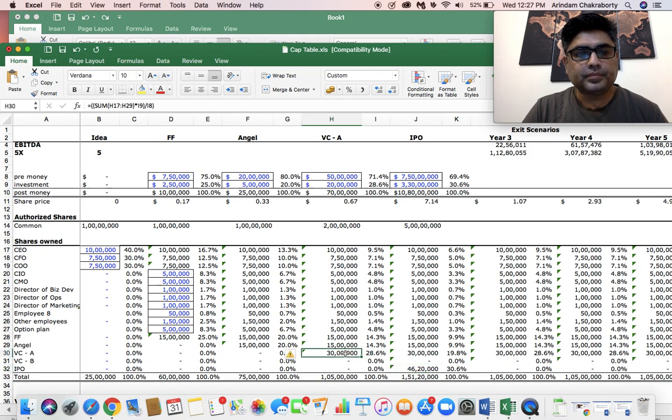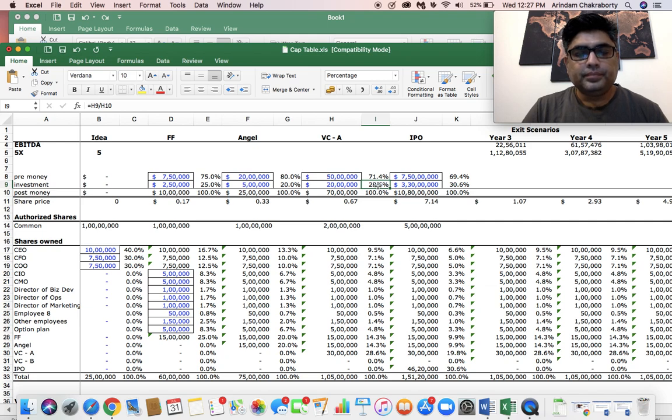So if you see over here how the computation is happening, you see sum of H17 to H29. H17 to H29 is this part, right? This summation is done into I9. I9 is what? I9 is 28.6%, right?